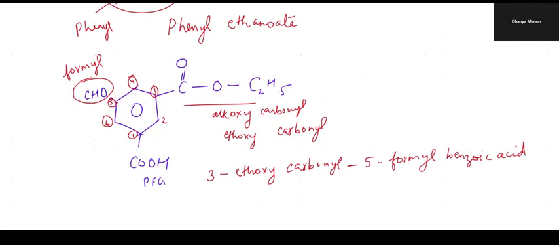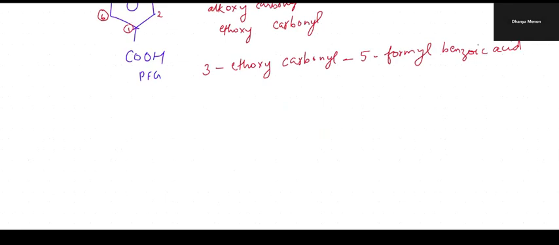Then, coming to the next question. So we are covering mostly all the types now, almost covered. Okay, OH, NH2. So here definitely the OH group is the primary functional group.